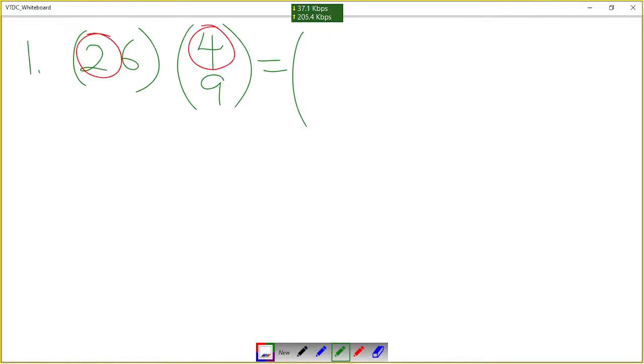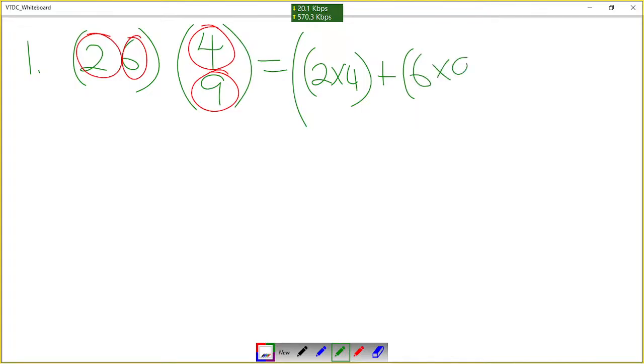Open bracket, and then we say 2 by 4, close bracket, then we say plus, again we multiply 6 by 9, so we open a bracket and say 6 by 9, like that. Then we close the entire matrix. 2 by 4 will give us 8, plus 6 by 9 will give us 54.